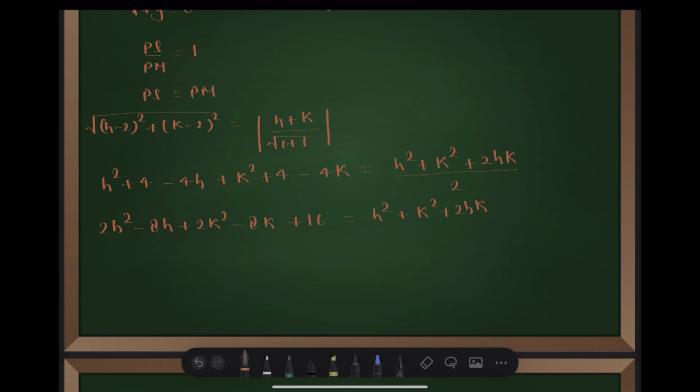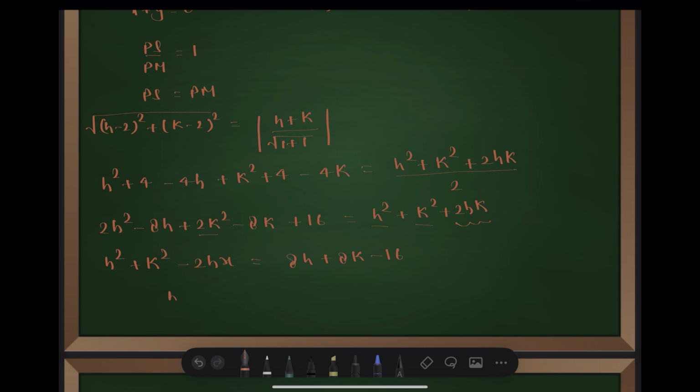Let's simplify a little bit more. So we will have this h squared this side, so it will become h squared. This k squared this side, it will become k squared. This 2hk this side, so minus 2hk. I'll send everything that side. Okay, so it is 8h plus 8k minus 16.